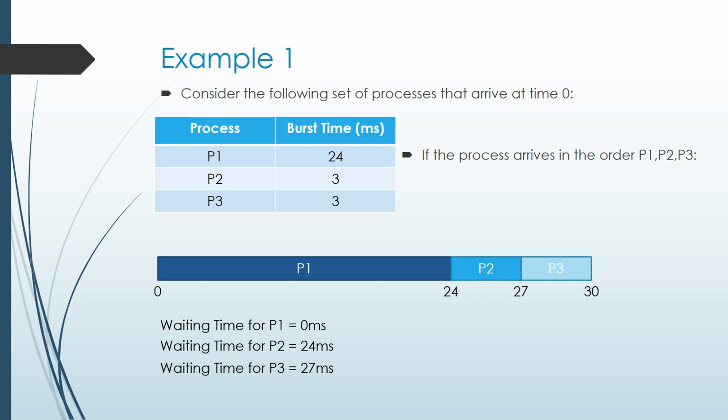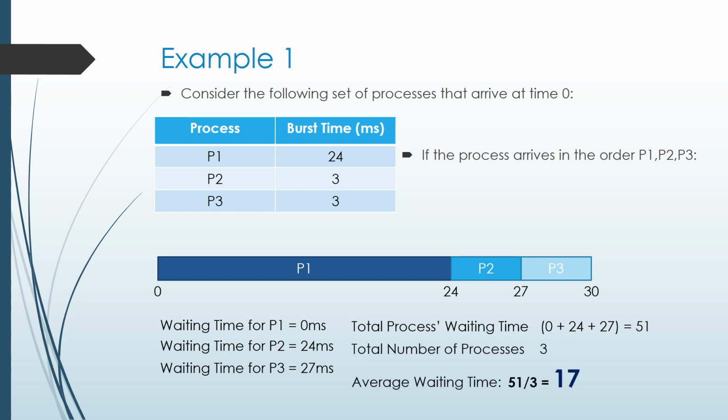Now in order to get the average waiting time for these processes, we have to add up the total process waiting time. So we have 0 plus 24 plus 27, which is 51. Now we have a total number of 3 processes, and then we have to divide that. We get the average waiting time of 17 milliseconds.